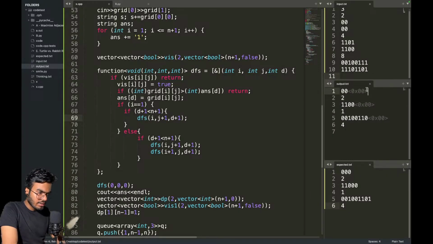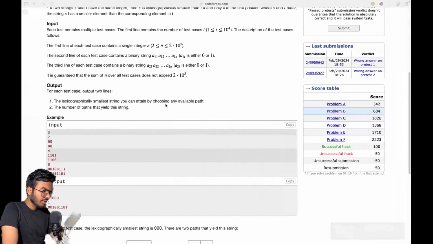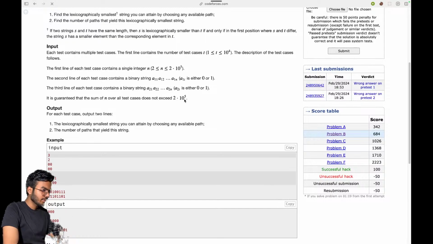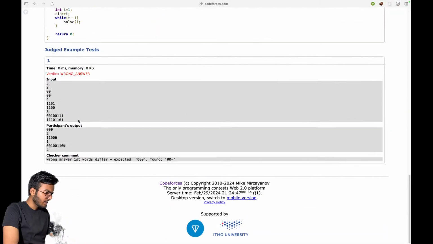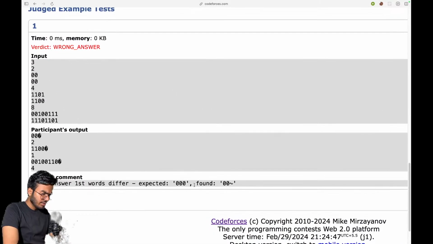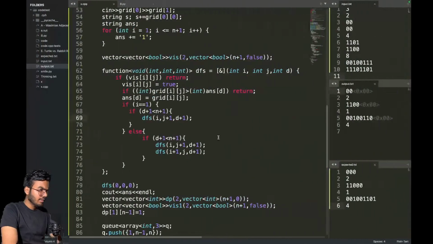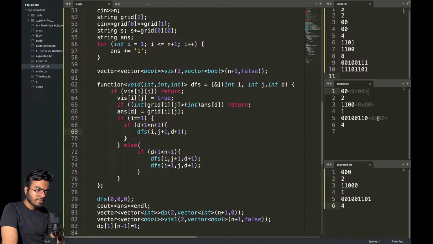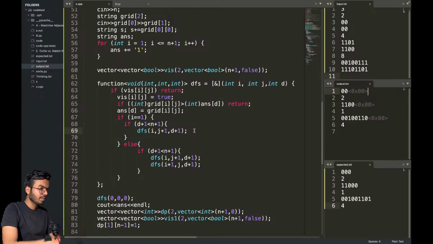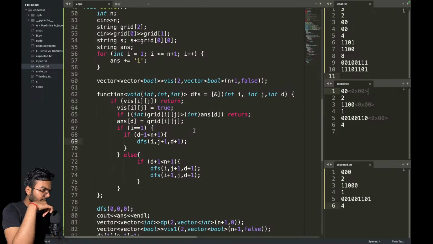So why are we getting this 00? Why did I get a wrong answer on pretest one? What was wrong with it? Expected 00 and we found this, which is incorrect. Yeah, I'm getting some sort of different character, which is wrong. Why is that?